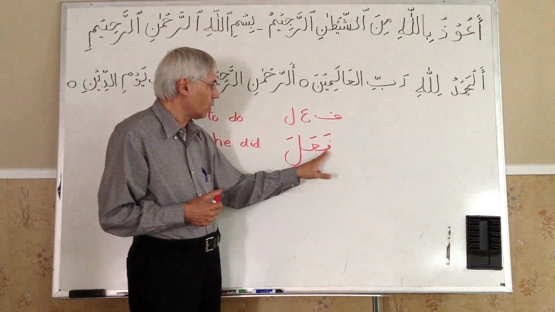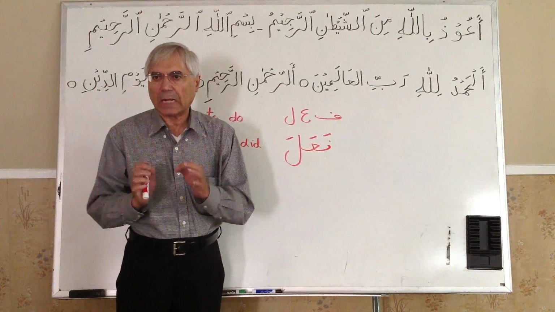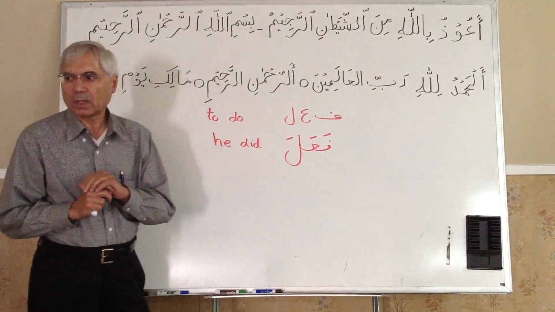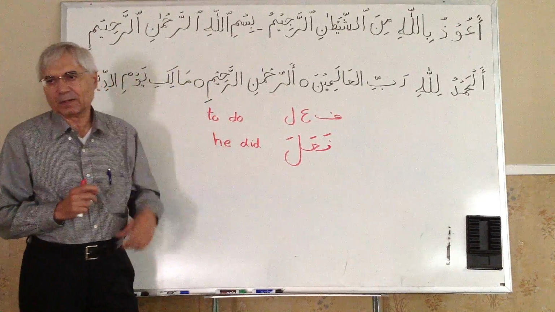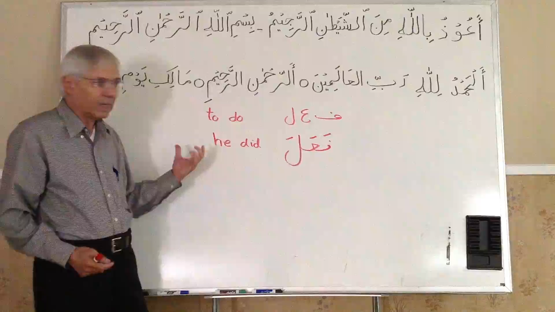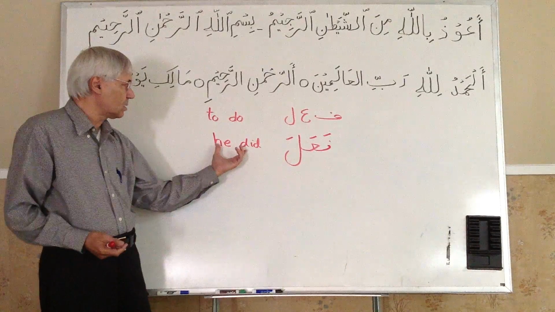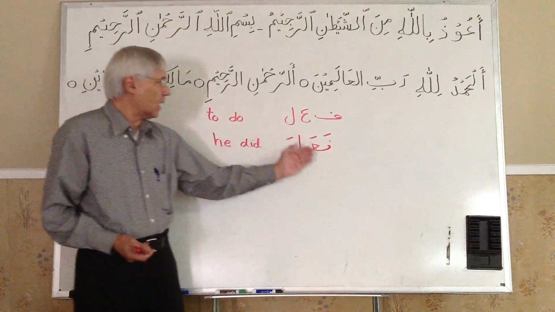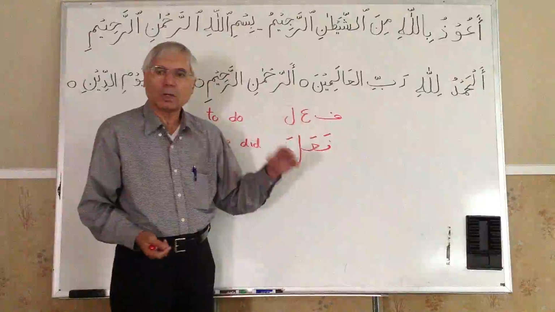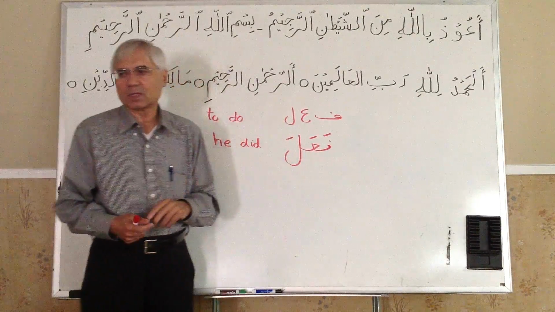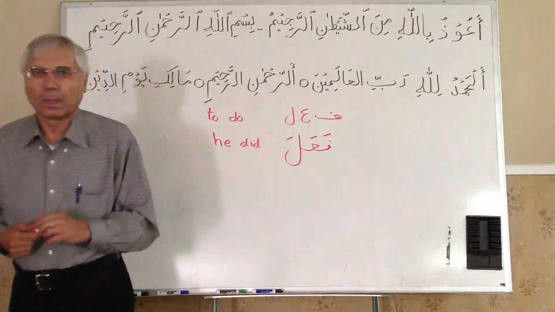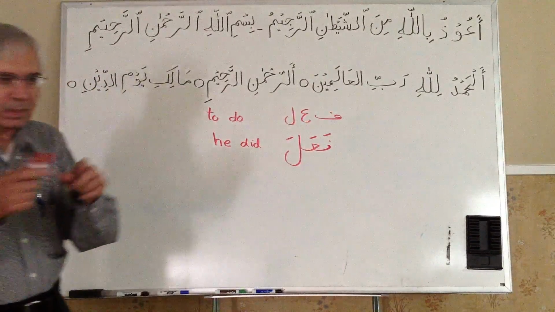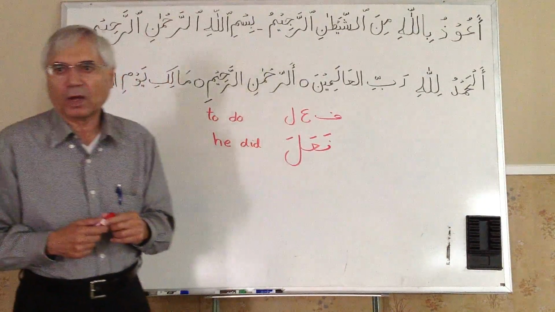So now this sound will be fa, a, la. Fa'ala means he did. So if in English we want to make a small sentence, he did, in Arabic it will be equal to putting 3 fathahs on these 3 letters, fa'ala. And that's the very first box in the table I gave you, fa'ala.